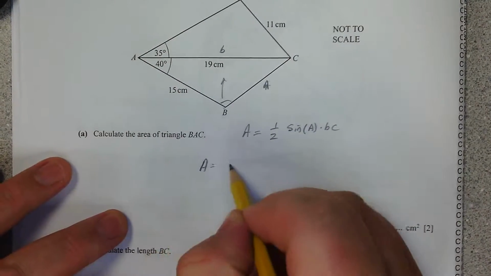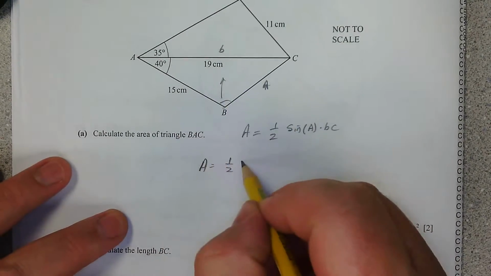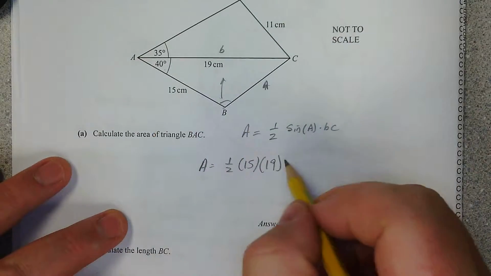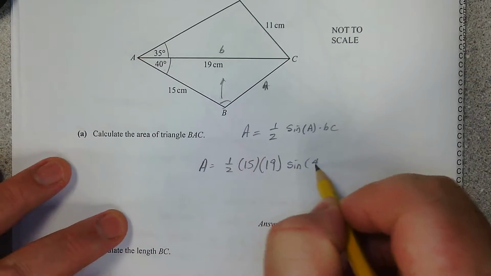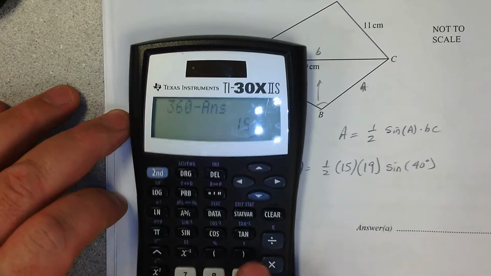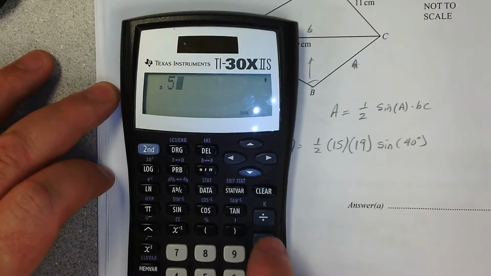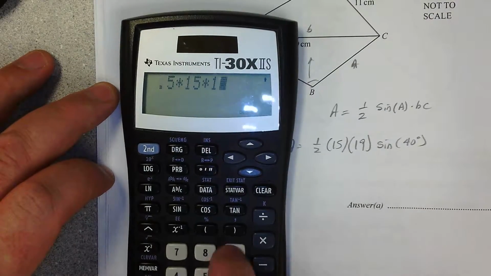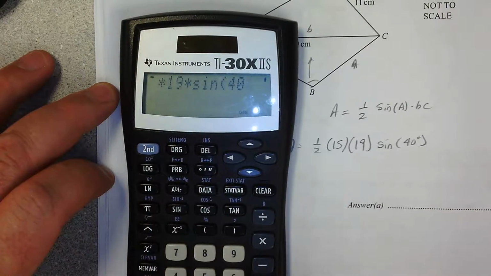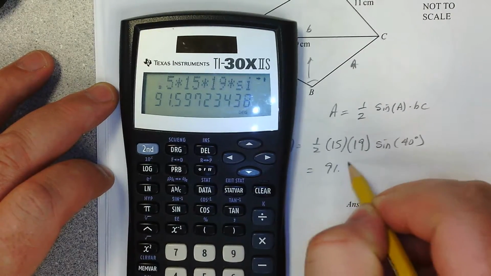So here's what we've got. Area equals 1/2 times 15 times 19. Those are the two sides, and the included angle, sine of 40, that's not one we have memorized, so let's do this. 0.5 times 15 times 19 times the sine of 40 degrees, so that's going to be 91.6.